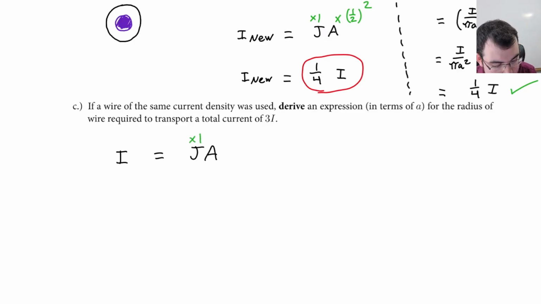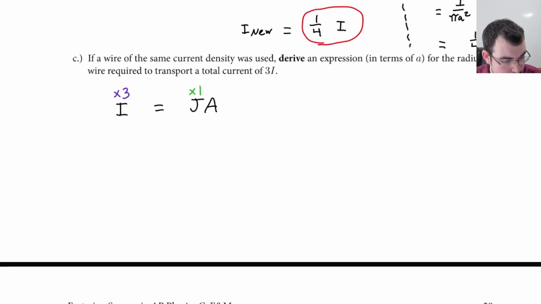So we want the same current density, but we also want triple the current. So notice that if I multiply 1 by something to get to 3, it's got to be 3. So we're actually given that area triples. But triple the area is not triple the radius, right? Because it's quadratic.